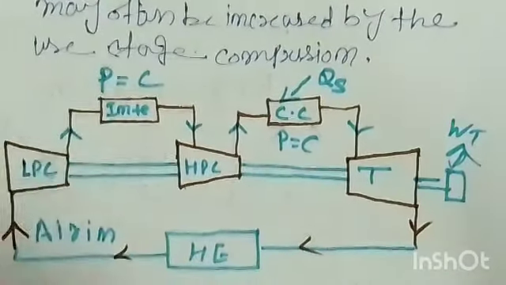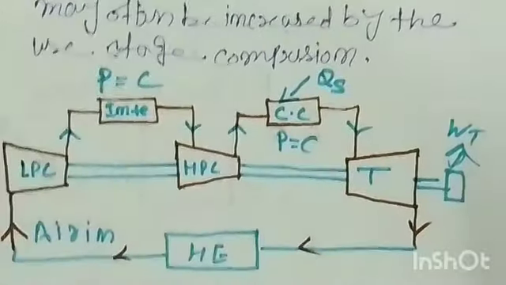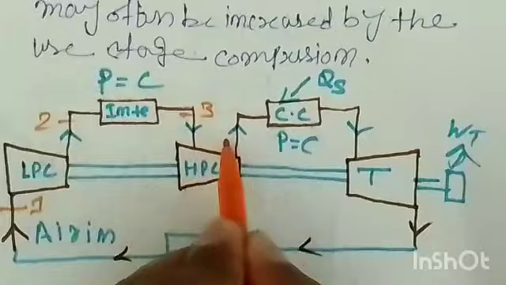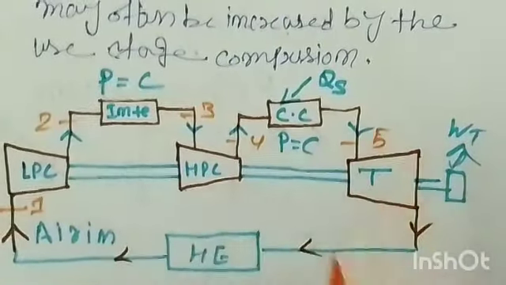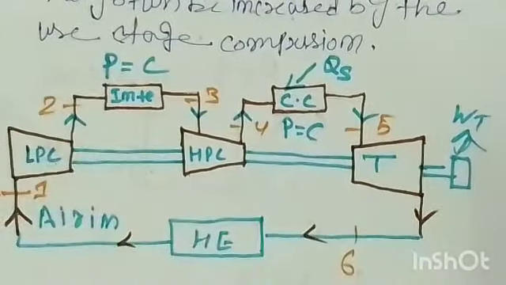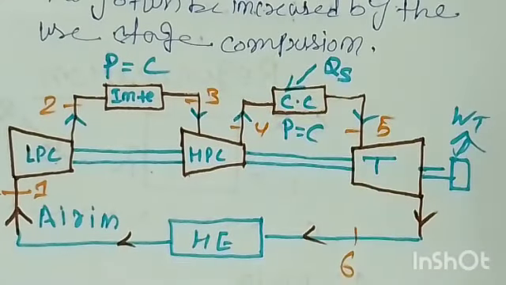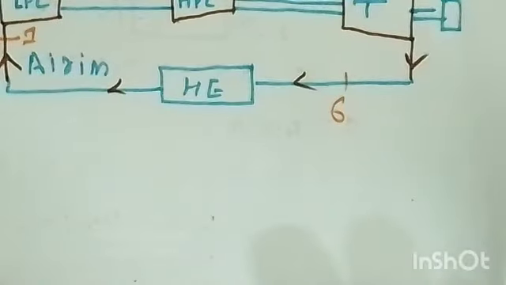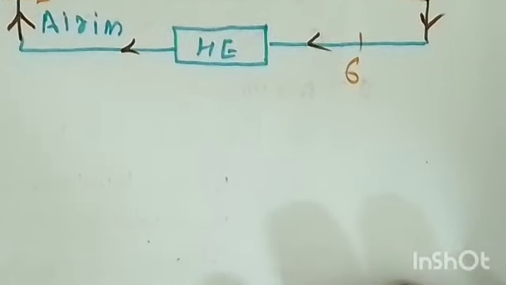So you can name these, let's say this is 1, 2, 3, 4, 5 and 6, right? Now if I draw this intercooling method on the TS diagram, how does it look? So let's say you have a diagram here, right.